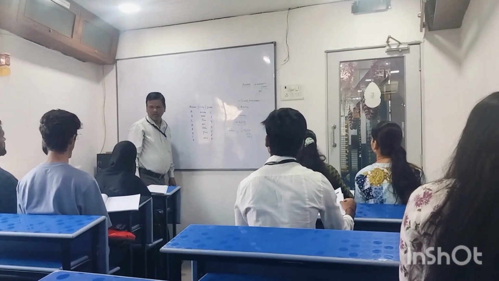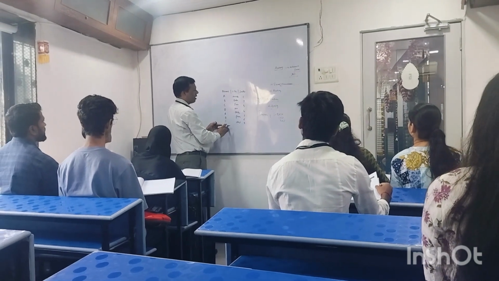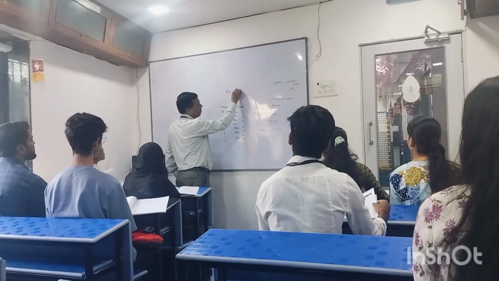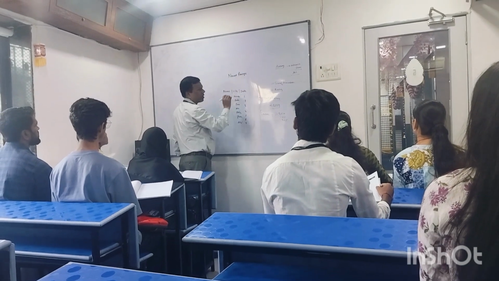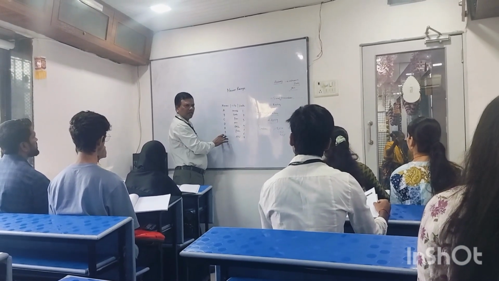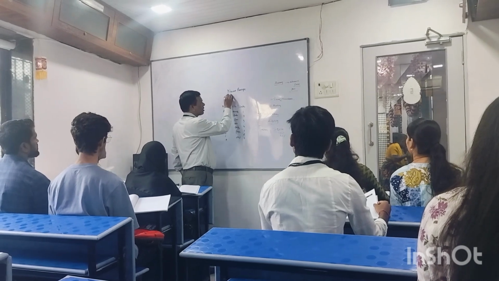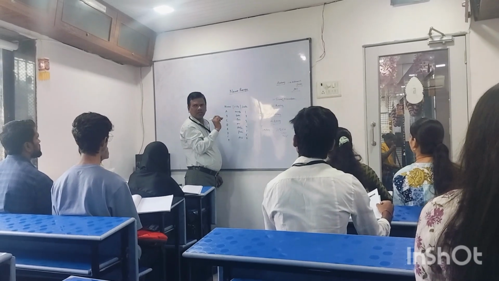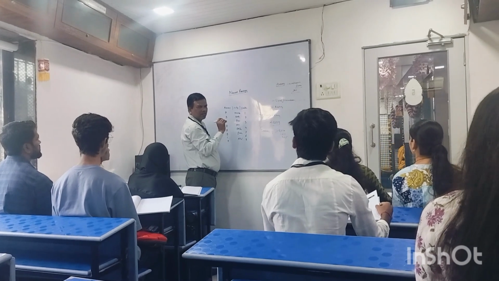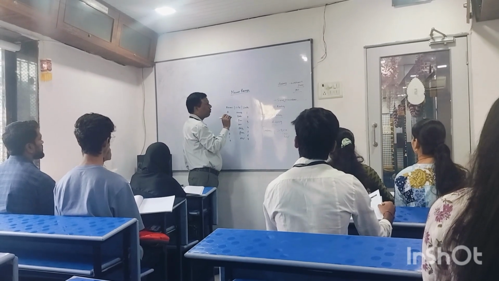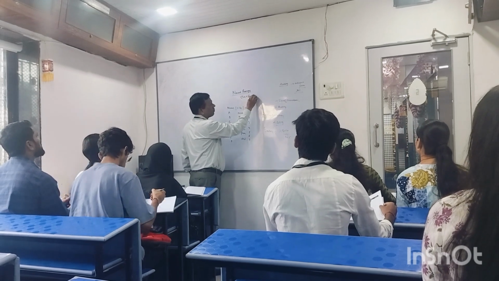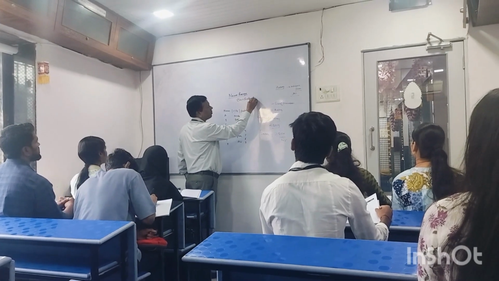To remember this data, we have a ready-made function called name range. If you provide the name range, you don't need to remember this. Do you remember the shortcut key of name range? If you don't remember, I will tell you: Control plus Shift plus F3.